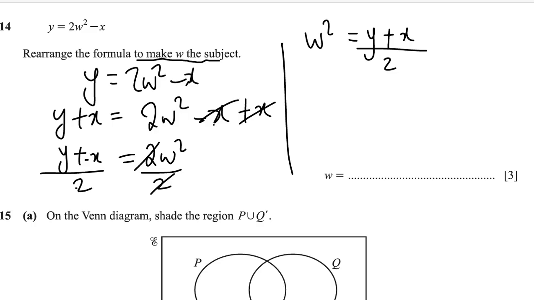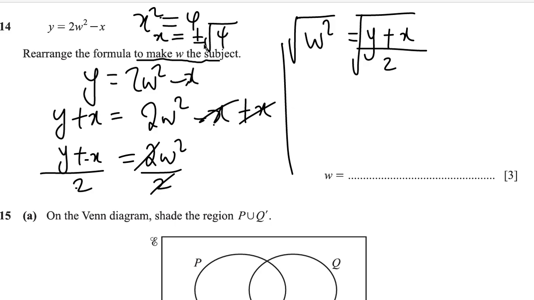So in order to get the value of w, all we simply need to do is to get the square root of both sides, right? And before we continue, it's important to note that when you're solving, for example, if you're solving x squared equals 4, the solution is going to be x equal to plus or negative square root of 4, right?